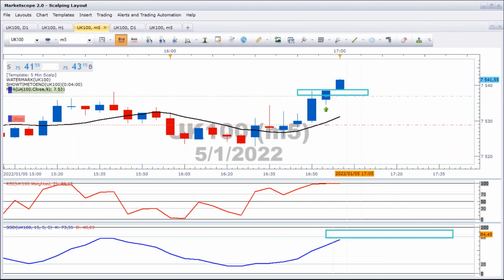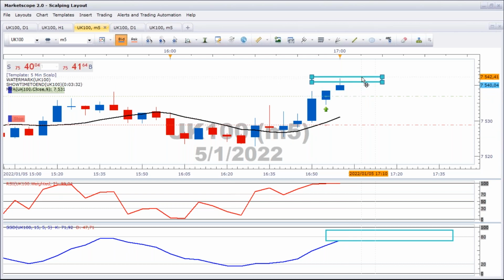Okay, keep an eye on that stochastic as well. So let me just move this over here. Okay, so the bulls certainly don't have it all their own way.